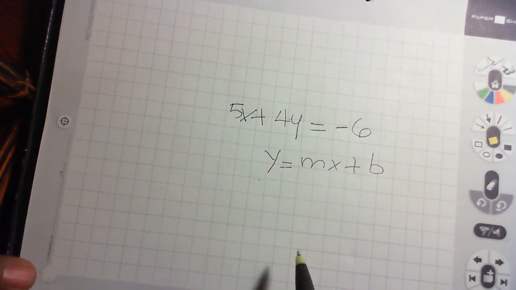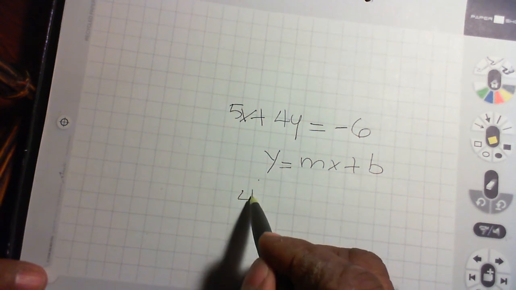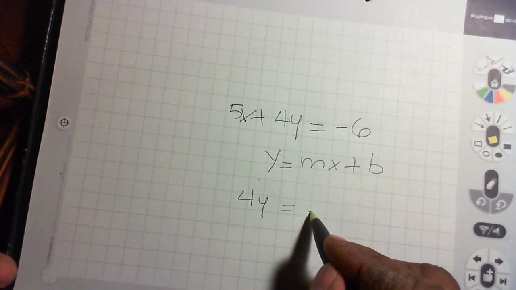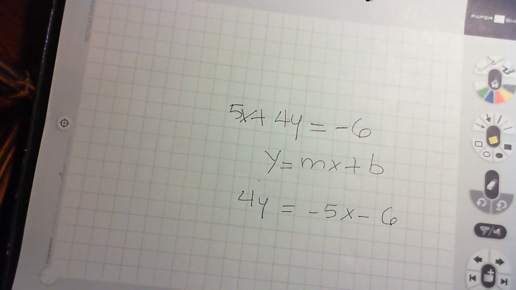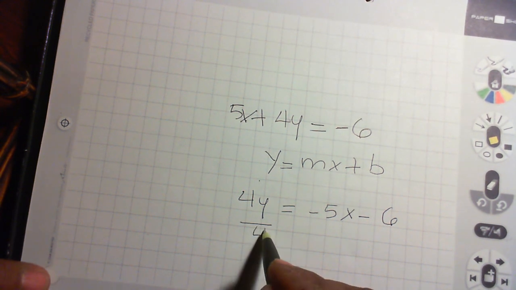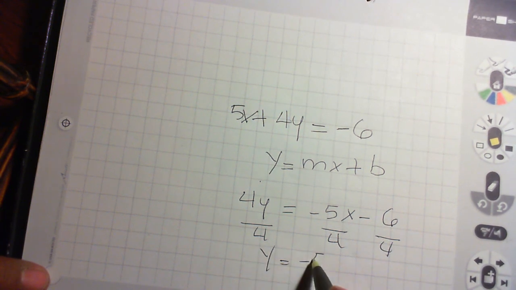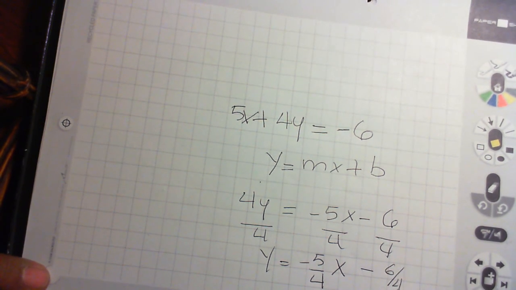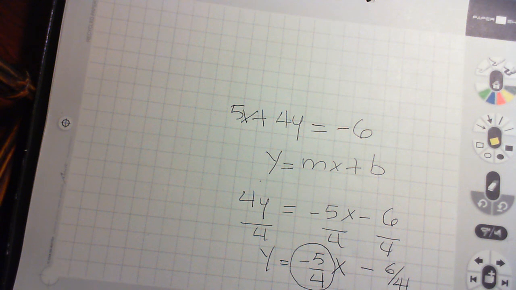All I need to do is solve for y, right? So we take out 5x on both sides of the equation. So you have 4y is equal to -5x minus 6. Okay? What is y? We divide by 4. So you have y is equal to -5 over 4 x minus 6 over 4, which is 3 over 2, but that's not needed here. All we're looking for is the slope.